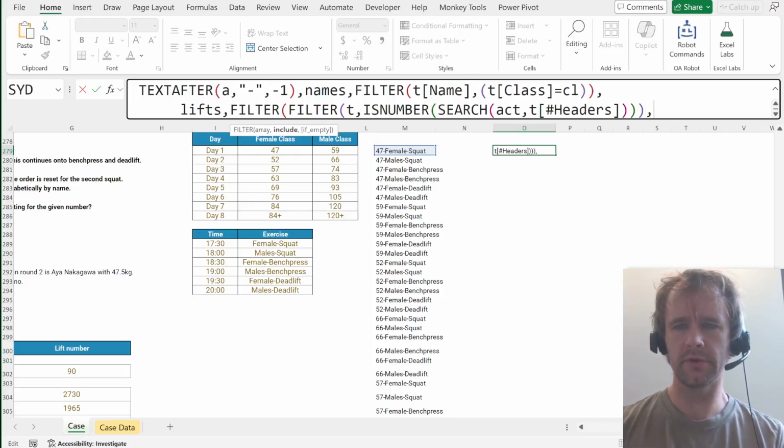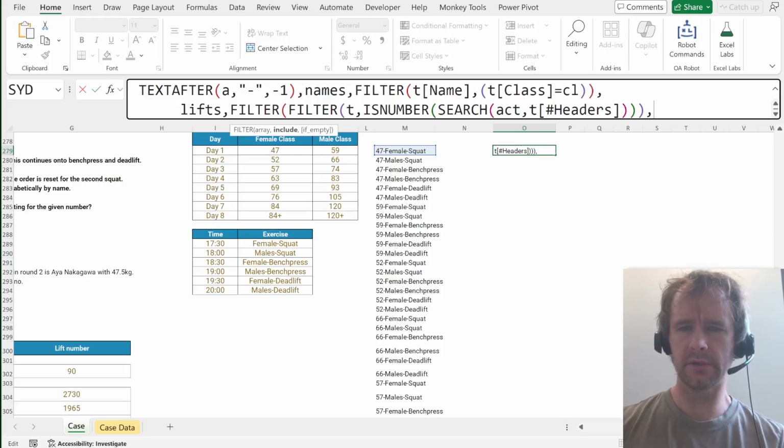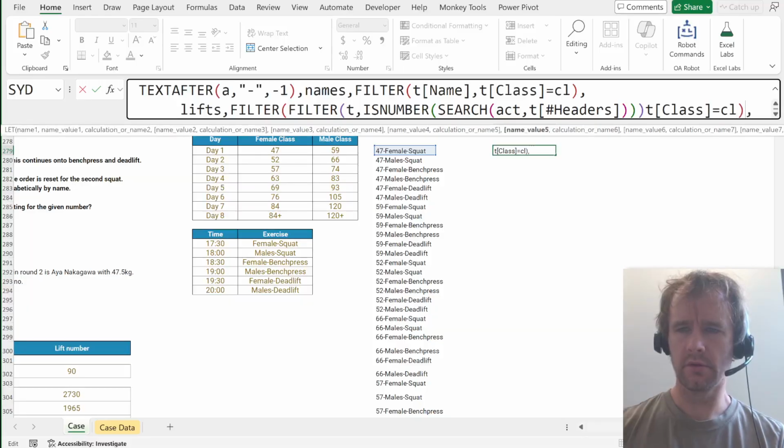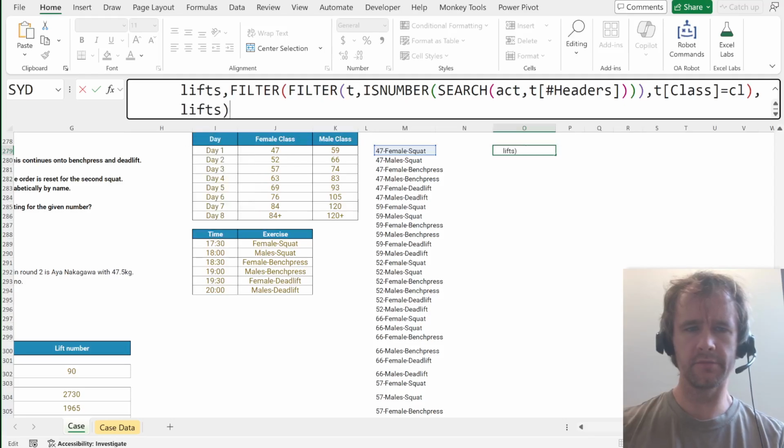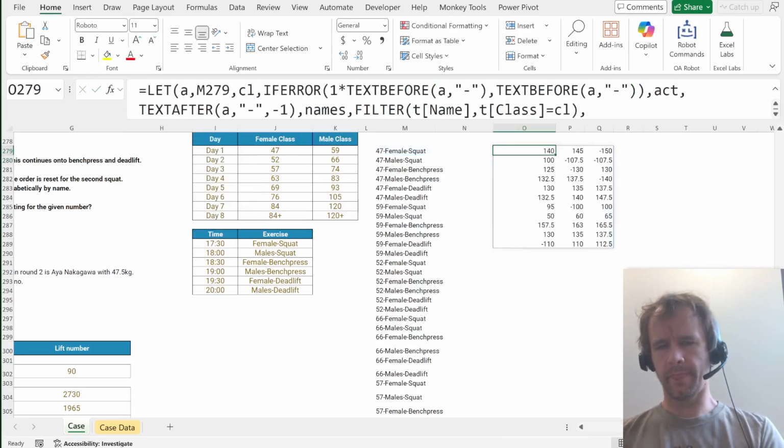Okay, so that's one filter, and then the other filter is where T class equals. I don't need these brackets. I thought I was going to have to multiply by another condition, but I don't. Missing a comma. Okay, and then give me lifts. Cool. Okay.